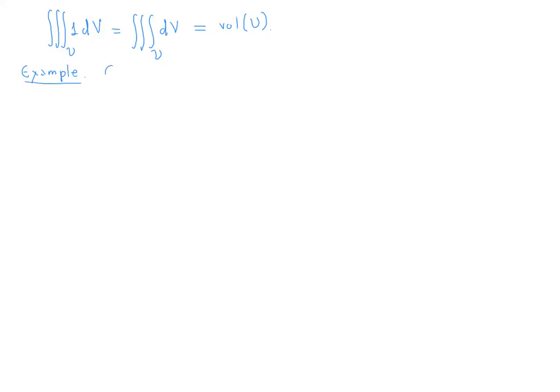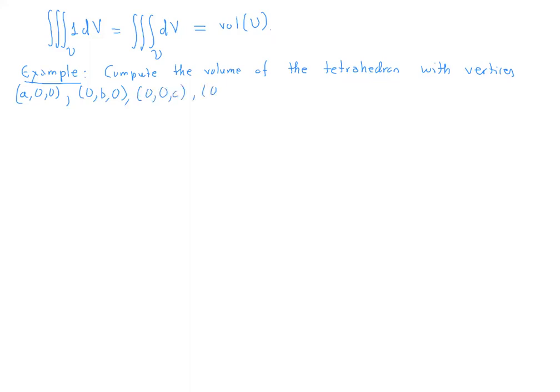So compute the volume of the tetrahedron with vertices (A,0,0), (0,B,0), (0,0,C), and (0,0,0), where A, B, C are greater than 0.